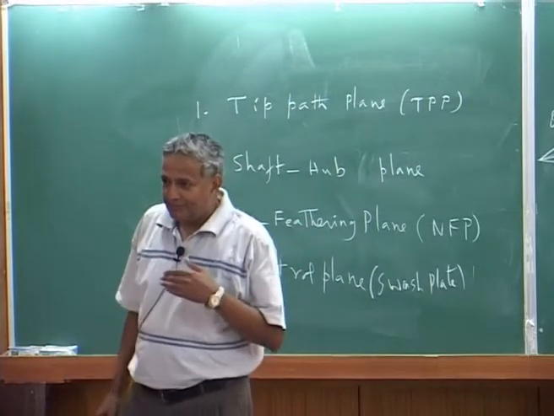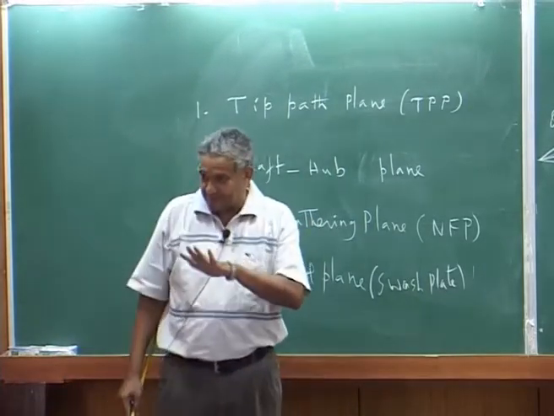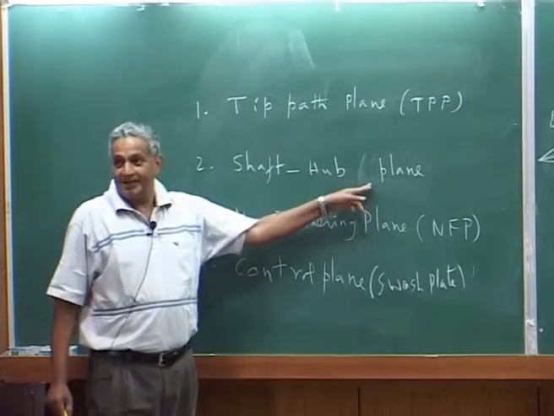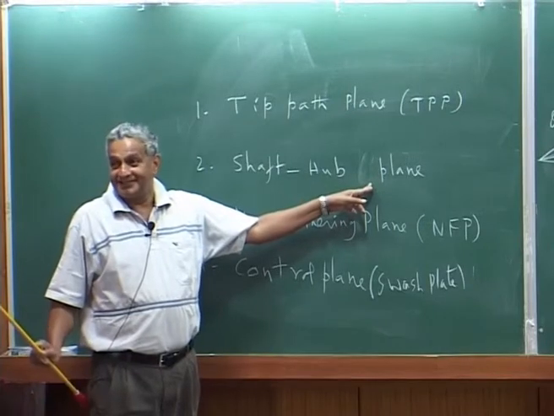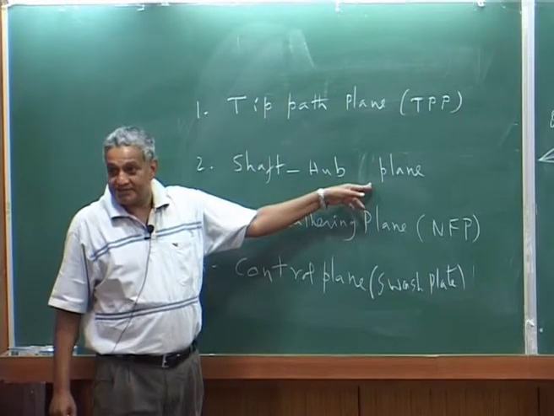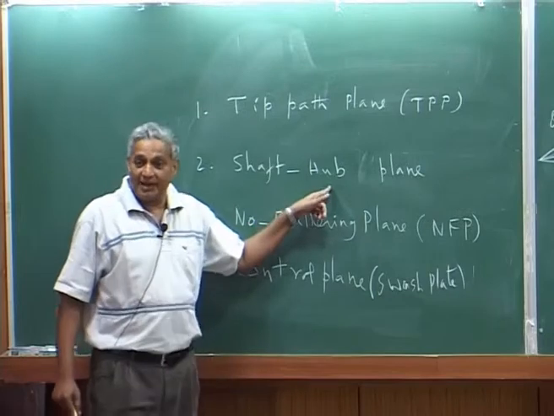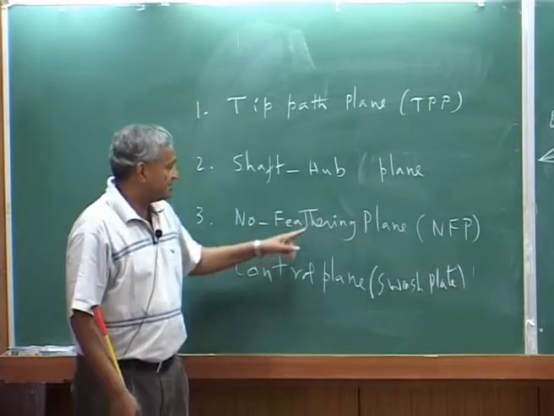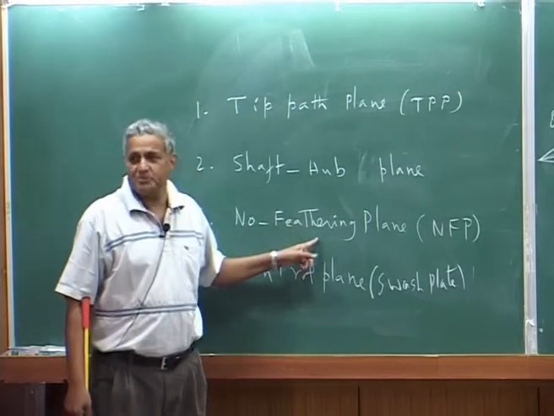So, what we choose in this class? Hub plane. But the complexity in hub plane is it will have both flapping as well as feathering. Feathering is basically pitch angle change.